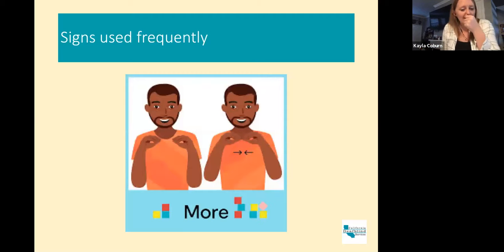So these are some signs. First, we're going to talk about these signs, and then I'm going to show you them with my video. And for all of these images, you will receive a worksheet.